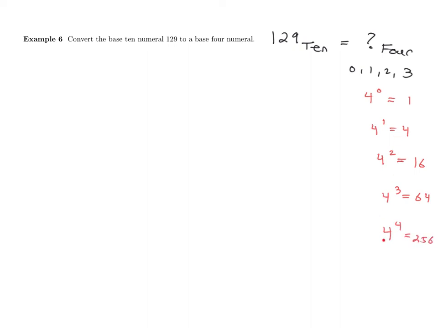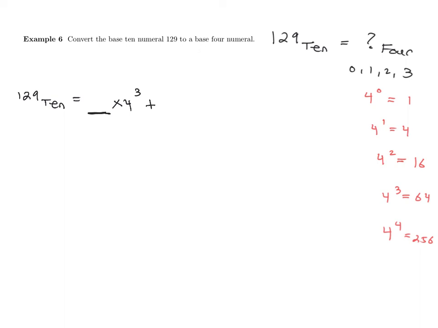This is too far. I mean, if you use a digit in this place value, you're going to be larger than this number. But I think we're going to have to go to this place value here in order to reach 129. What this means is if you want to write 129, which is in base 10, as a base 4 number, you're going to have some digit that's in the 4 to the power of 3 place.